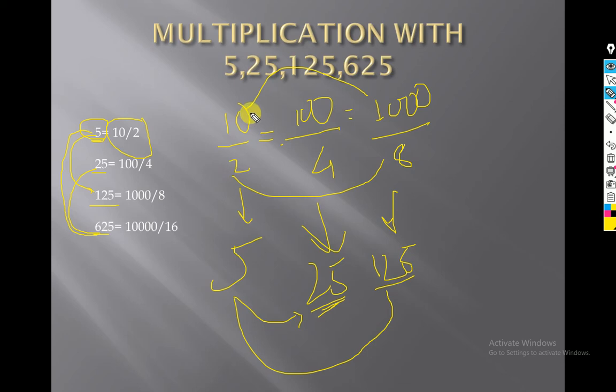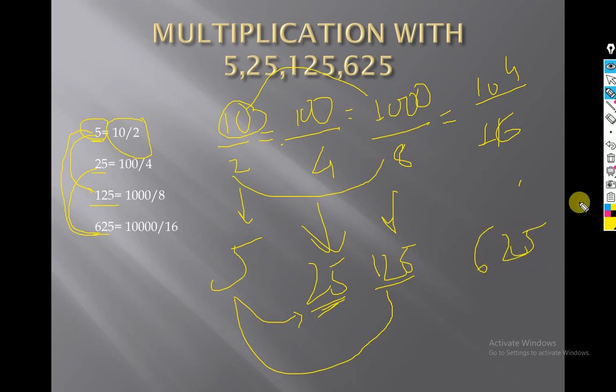Similarly here also, if you square 10, we get 100. If you square 2, we get 4. If you cube 10, we get 1000. If you cube 2, we get 8. And then for the fourth power it's 10 to the power 4, and over here it's 16, and then over here is 625.